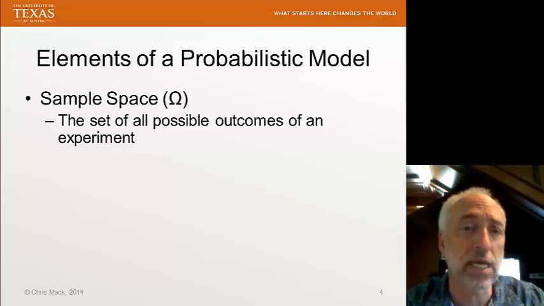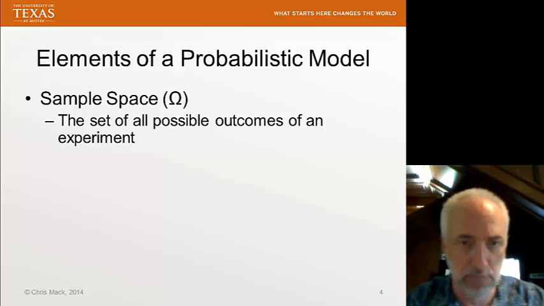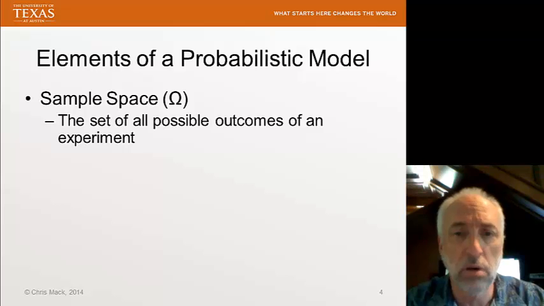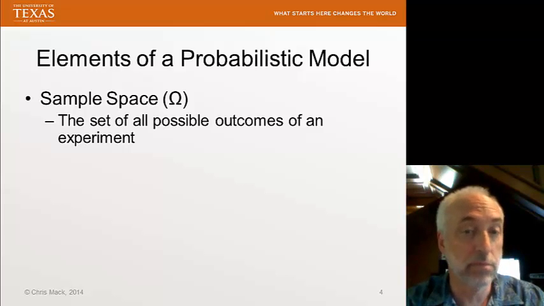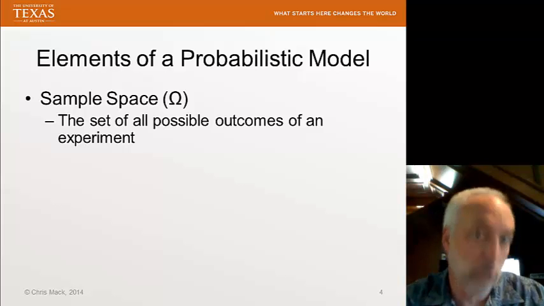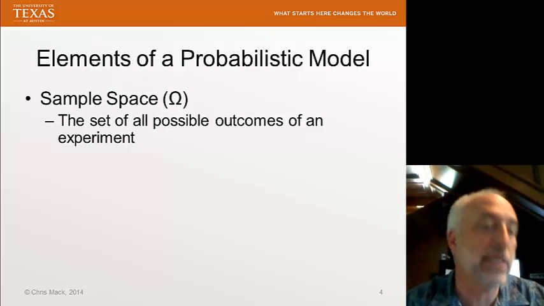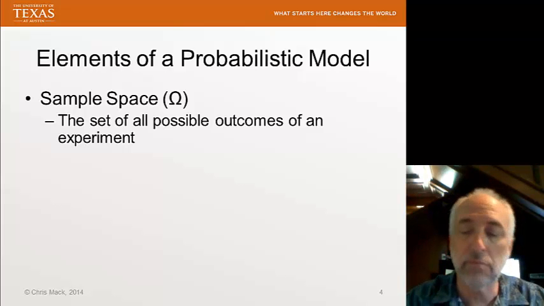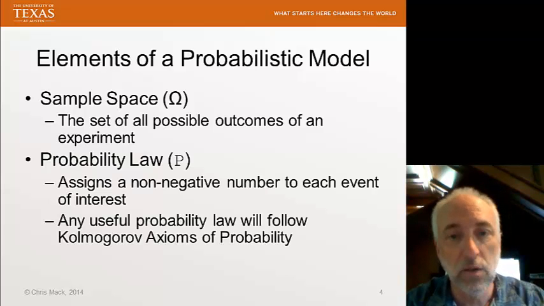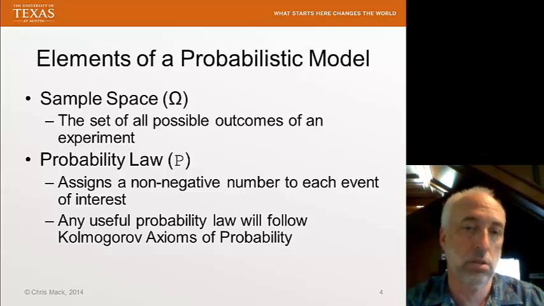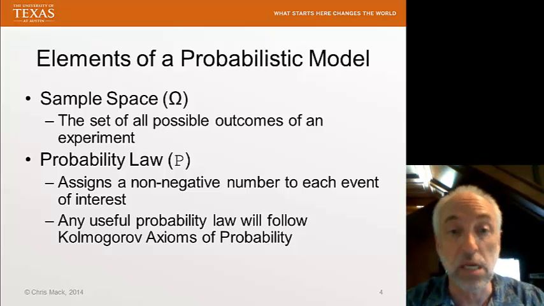The first thing is a sample space. We use the symbol capital Omega to represent our sample space, and it is the set of all possible outcomes of an experiment. I run an experiment. What are all the possible outcomes that you can get from that experiment? That makes the sample space. Then we also have a probability law, which we give the symbol P to represent.